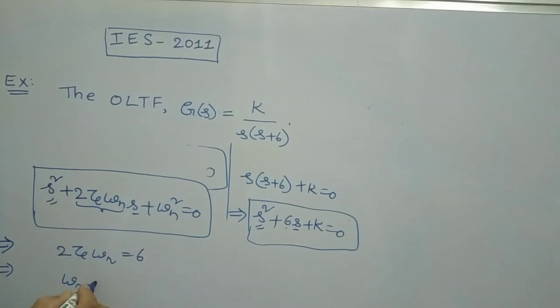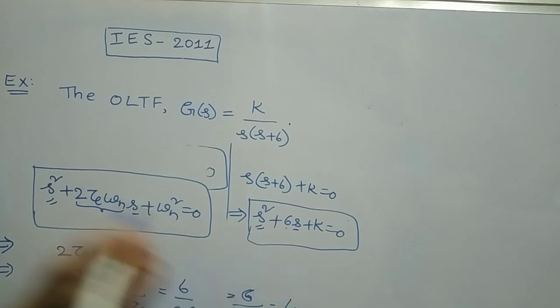Omega n is equal to 6 by 2 times zeta, that is 6 by 2 into 0.75. 2 into 0.75 is 1.5, so 6 by 1.5 is 4. Therefore omega n value is 4. Clear?